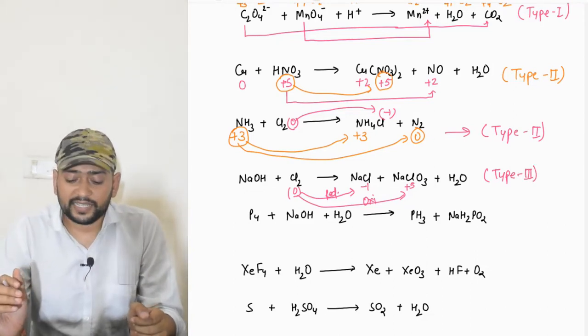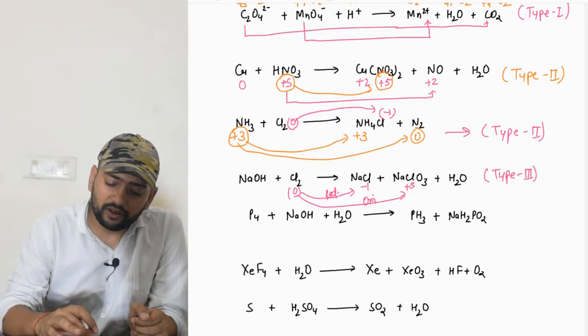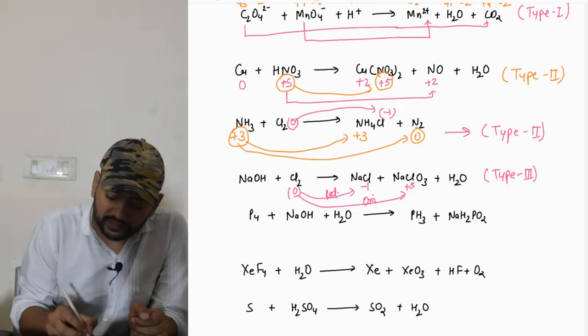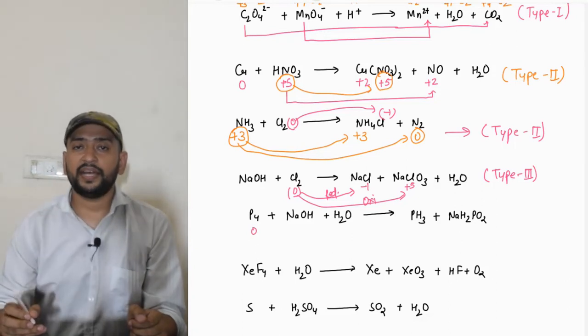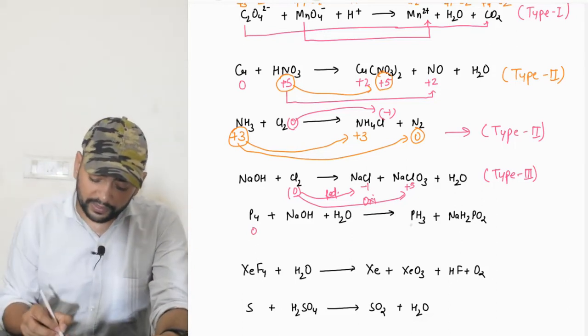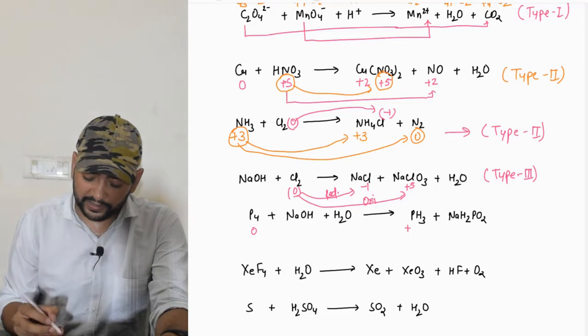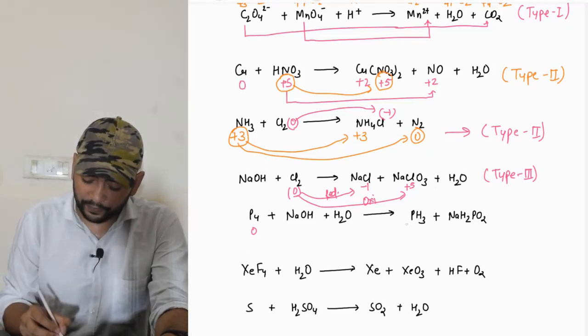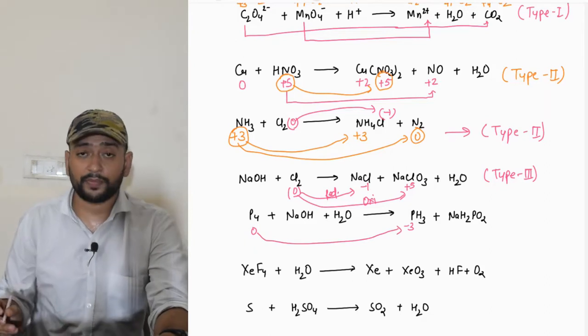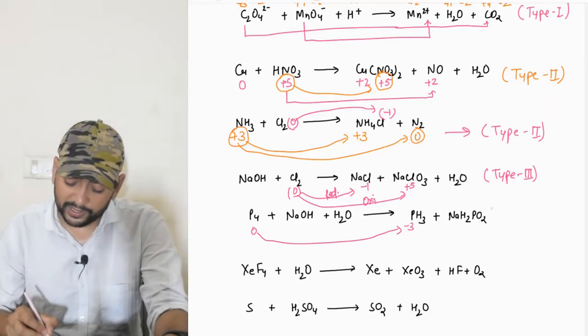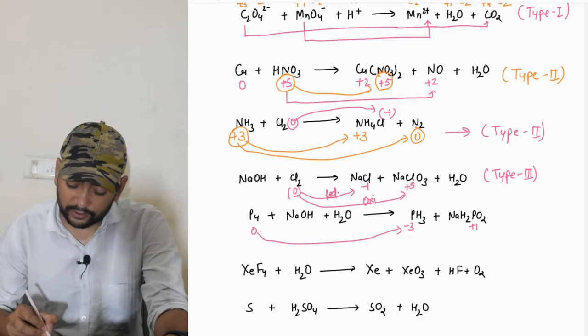Now let us look at the next example. Here we have phosphorus, and in this case the oxidation state is going to be 0, and next here it is minus 3, here it is minus 3. So from 0 to minus 3, and in this case it is going to be plus 1.